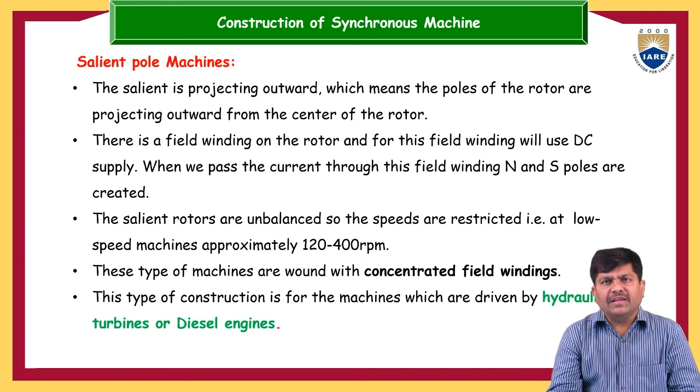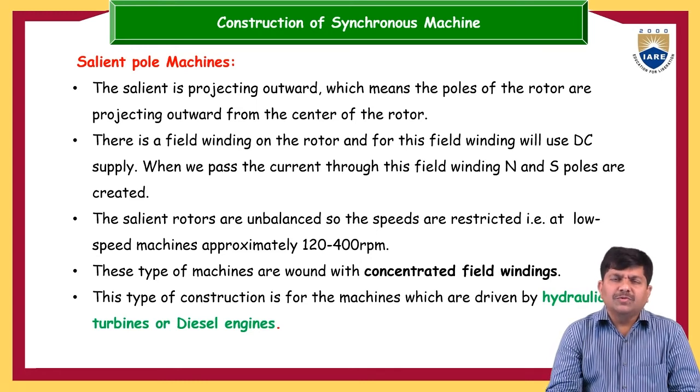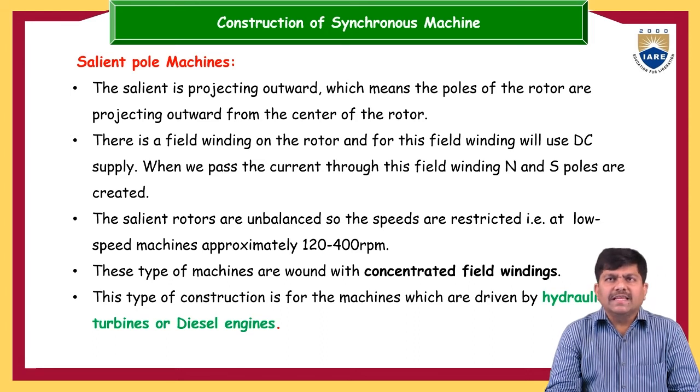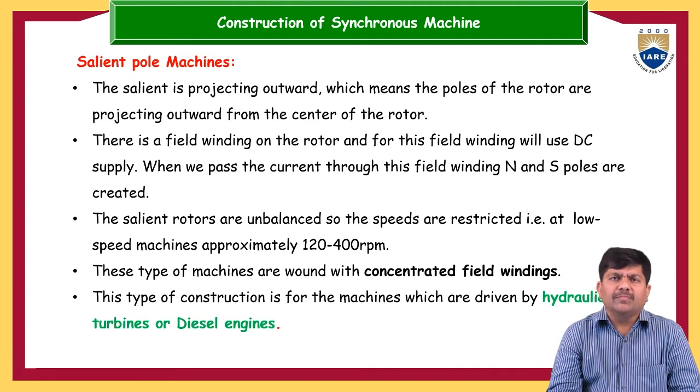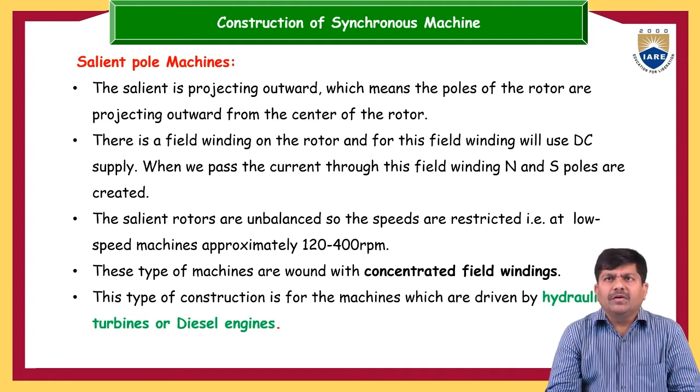Based on the applications, we can observe where each is used. Salient, as its name says, means the magnetic poles are projected outward from the center of the rotor. The poles project outside the rotor, from its outer surface.